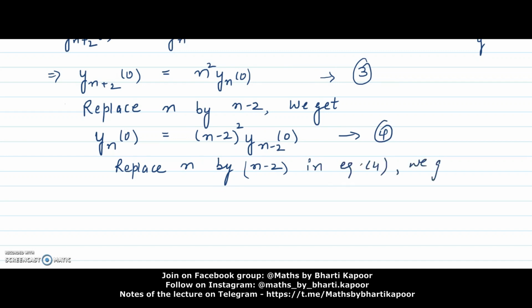We get yn minus 2 0 is equal to n minus 4 whole square yn minus 4 0. Substitute the value of yn minus 2 at 0 from equation number 5 in equation number 4.